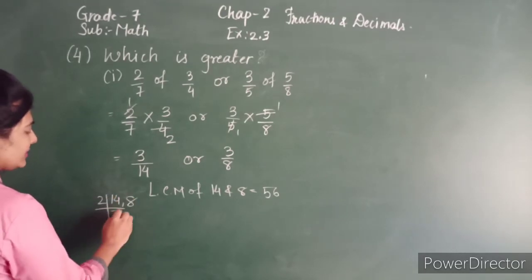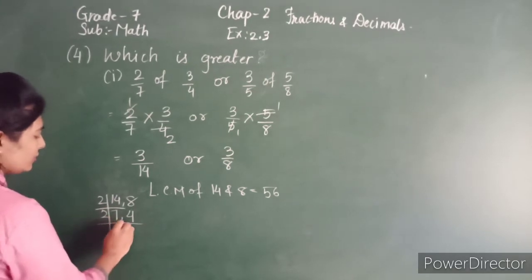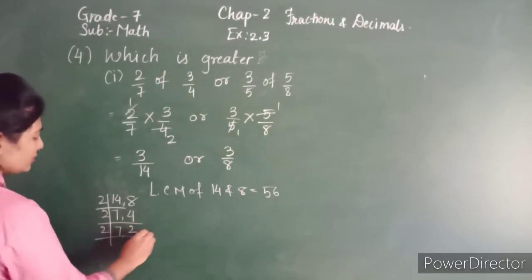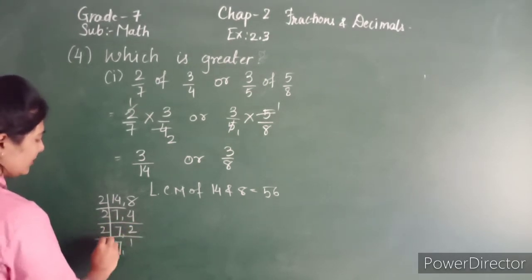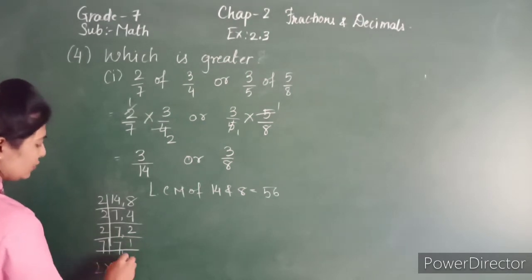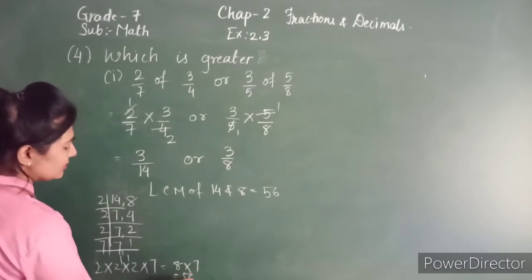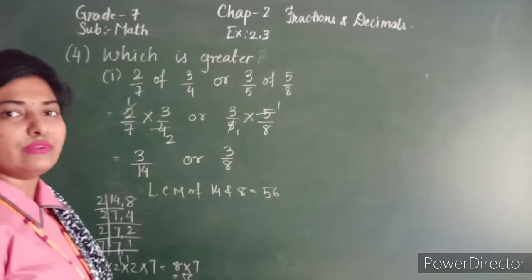So here 2 7s are 14 and 2 4s are 8. Again 2, here also 2. Now 7. So 2 into 2 into 2 into 7. So it is 8 into 7, that is 56. So here our LCM is 56.